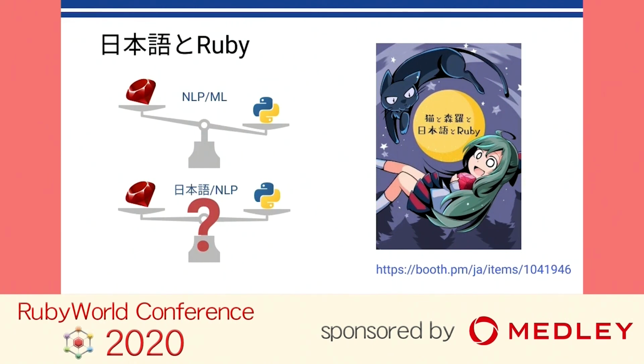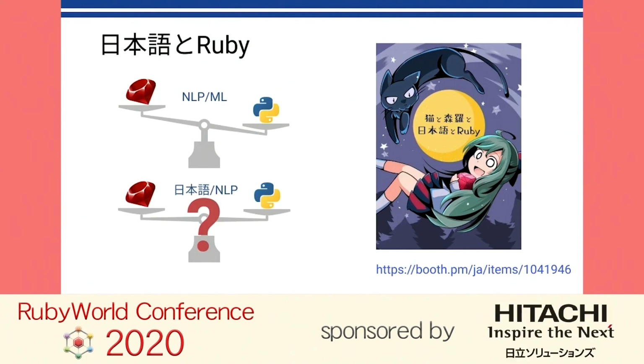It has more libraries accumulated and a bigger ecosystem. And also, there are many researchers and also developers. So as a result, Python seems to be stronger in this field.